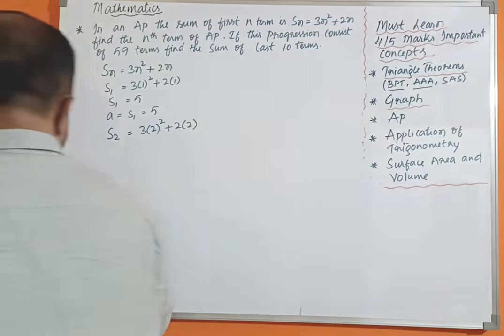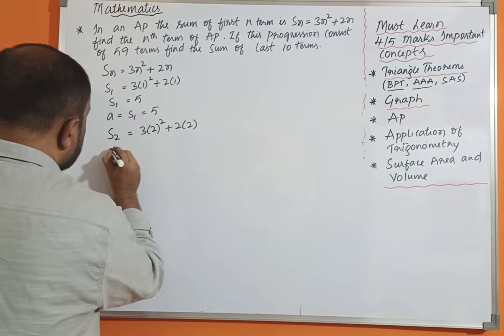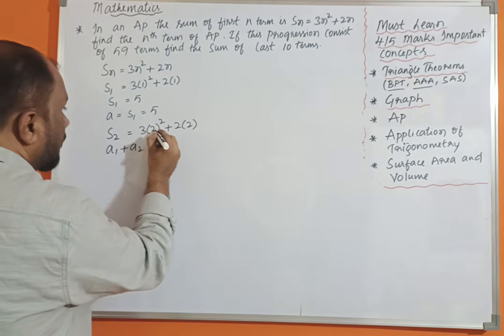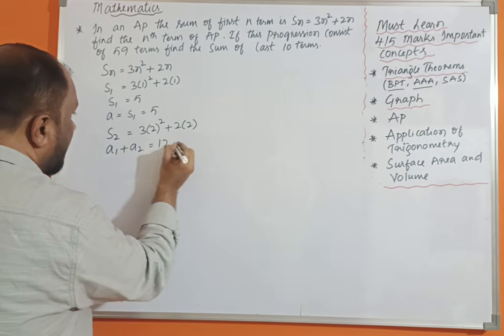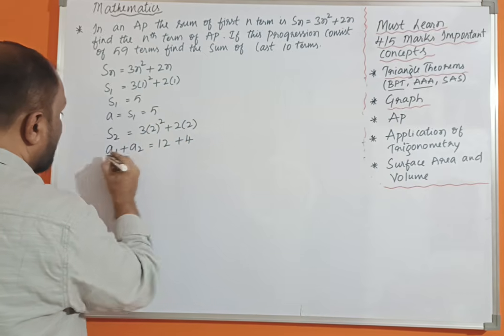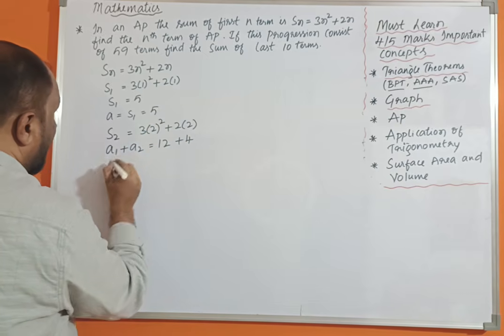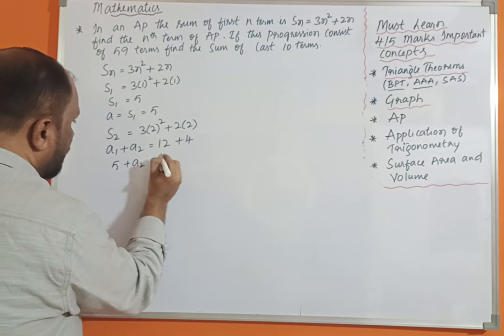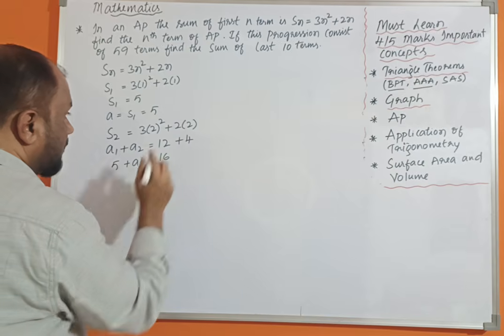Okay. So now S2 is A1 plus A2 is equal to 2 2s are 4, 4 3s are 12 plus 2 2s are 4. Now A1 we know already, it is 5, plus A2 is equal to 16, that is 12 plus 4.